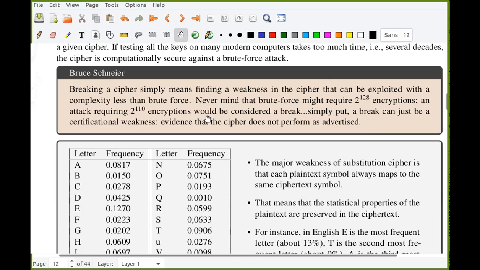Whether it is useful or not is a different thing. Simply put, a break can be just a certificational weakness, evidence that the cipher does not perform as advertised.